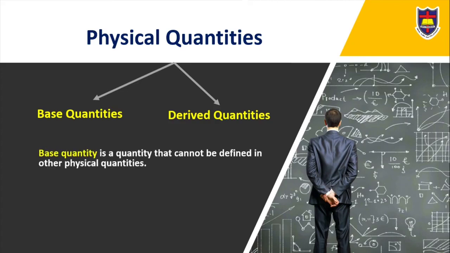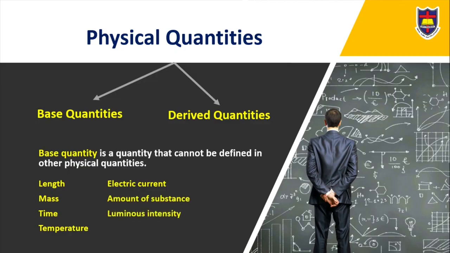As you know, there are 7 base quantities: length, mass, time, temperature, electric current, amount of substance, and luminous intensity. That's what we learned before, right? So now in this lesson, let's continue with derived quantities.